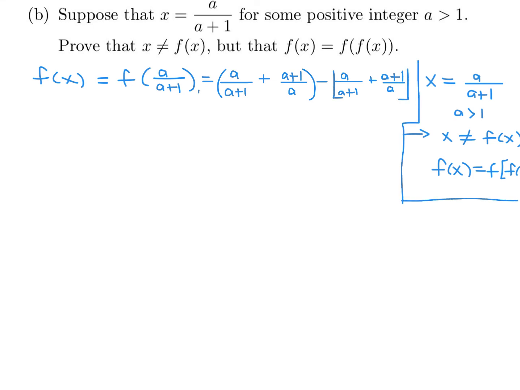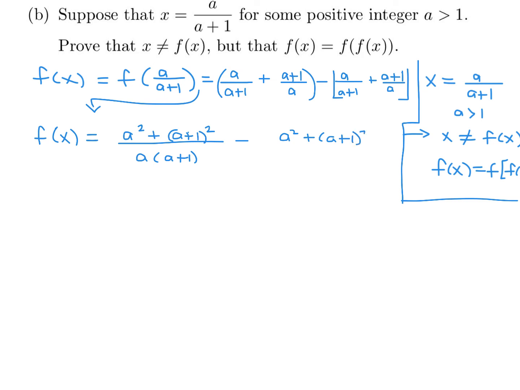Okay, so let's bring this over here. So f at x therefore would be a squared plus a plus 1 squared. I'm just adding those fractions, and then that's a plus 1 times a. And then this same thing, the only difference is it's inside the bracket. So a times a plus 1.